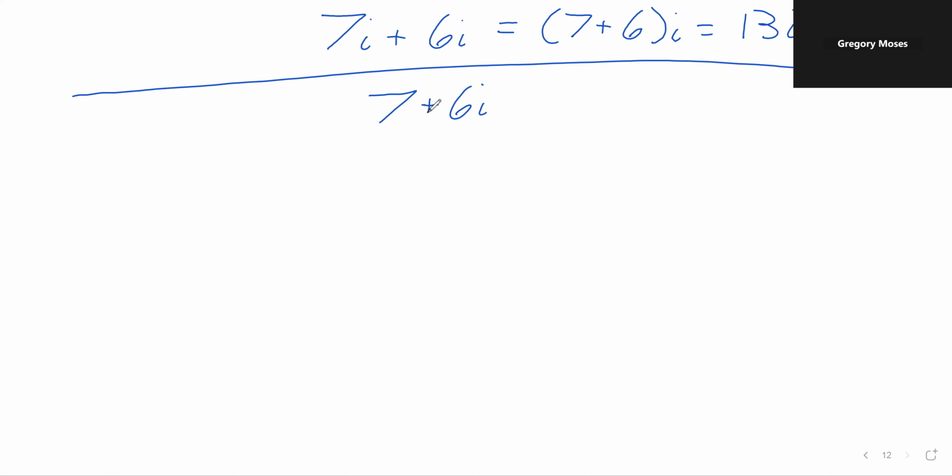You can just say, well, this is what it is. 7 is 7, -3 is -3. 7 plus 6i is 7 plus 6i. And in general, a number that looks like this is called a complex number.